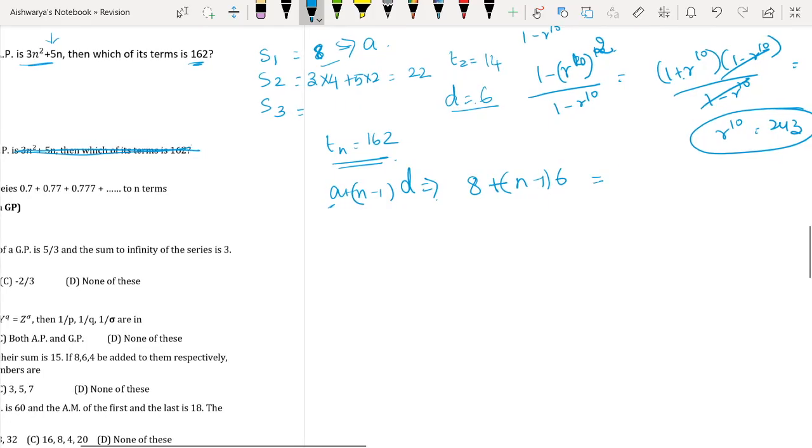This will be equal to 162. So n minus 1 into 6 is equal to 162 minus 8, 154 divided by 6.